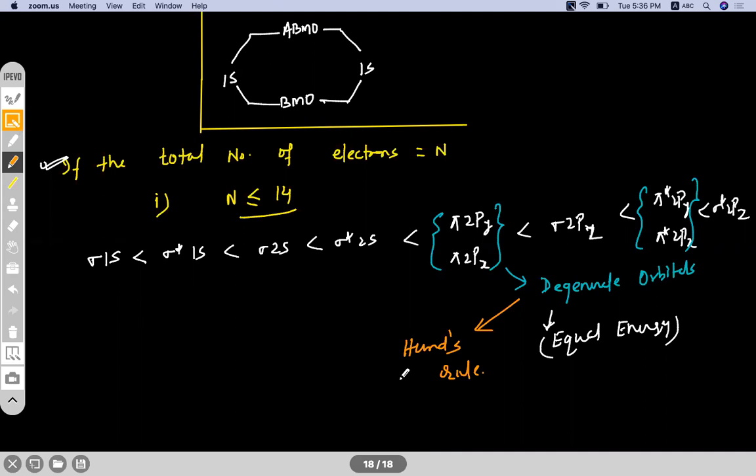Done, guys? Yeah, wait. No, N2 is this only, less than or equal to 14. Nitrogen has 14 electrons. So for N2, this is the order we have.